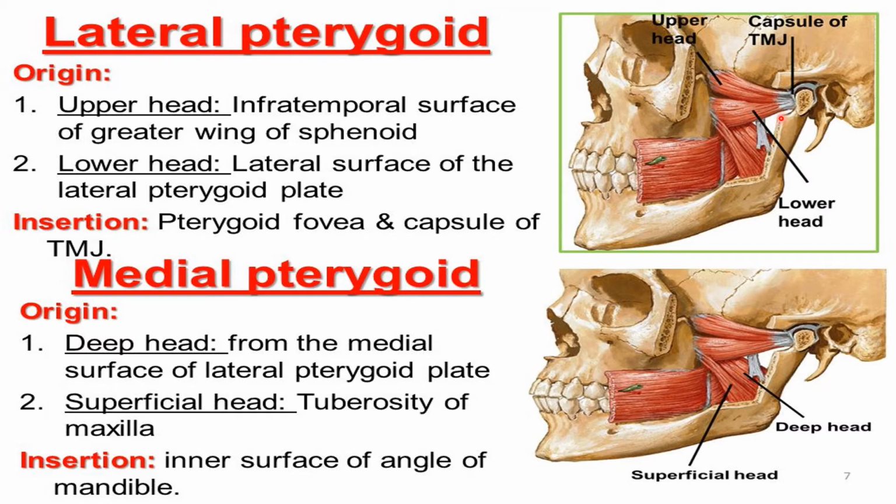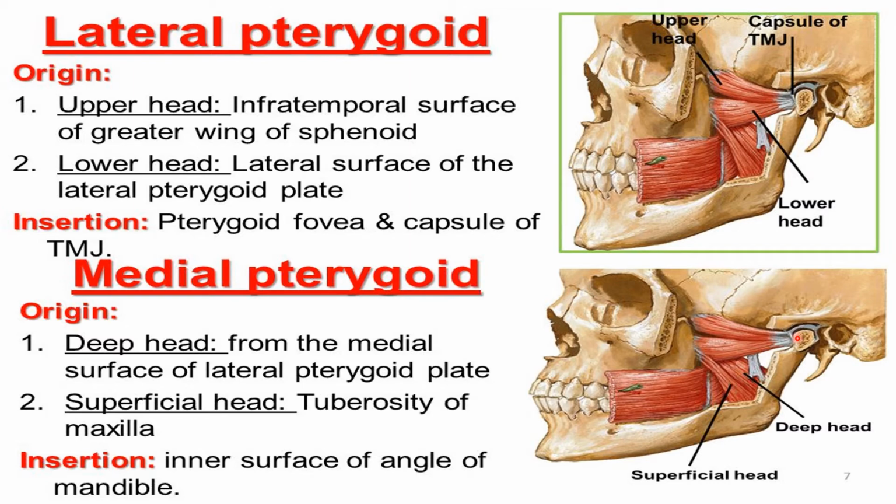And the lower head is coming from the lateral surface of the lateral pterygoid plate, and both of them are inserted into the pterygoid fossa and the temporomandibular joint, and the capsule of the temporomandibular joint.